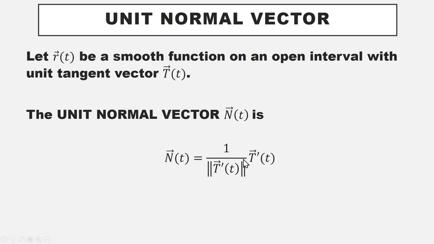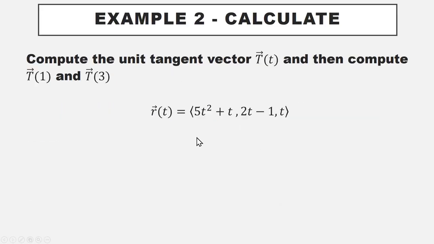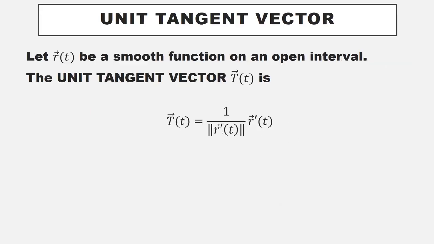Again, this would also work if we multiplied by any constant number after we took the derivative. And then the unit tangent vector is a vector that is tangent to our vector valued function of length 1. So it's the derivative vector made into a vector of length 1.